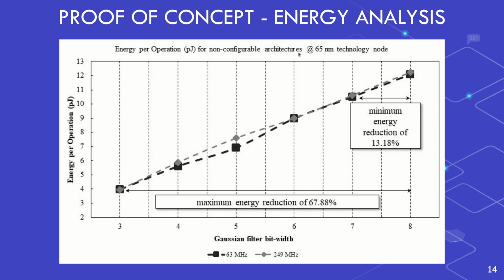Here for the 65 nanometers technology node, we can see that the most aggressive approximation, the circuit with 3 bits, has a maximum energy reduction of about 68%, while for the 7-bit circuit of the Gaussian filter, we have a minimum energy reduction of about 13.2%.